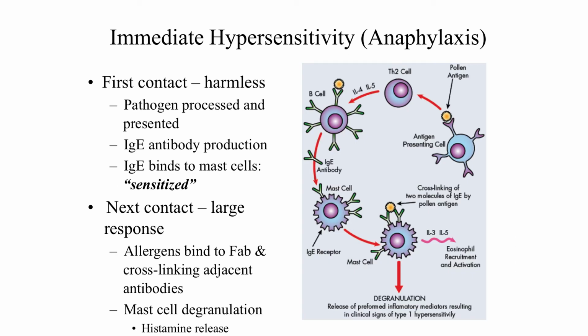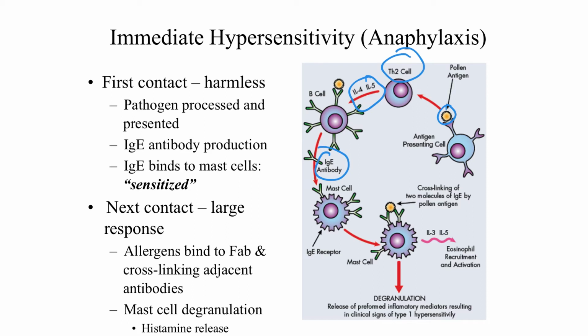So this is another picture that we see in this example with an antigen-presenting cell with the pollen antigen. We've just added the earlier steps to this process with the T helper type 2 cells. Those are the ones that release specific interleukins, specifically 4 and 5, which activate B cells to engage in the plasma cell process whereby they make IgE antibodies against that particular pathogen.